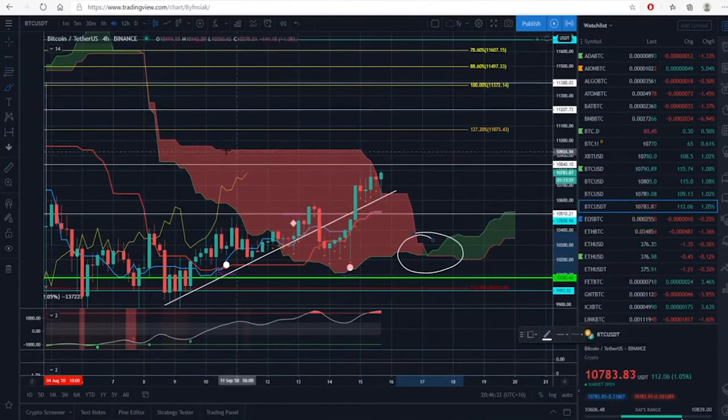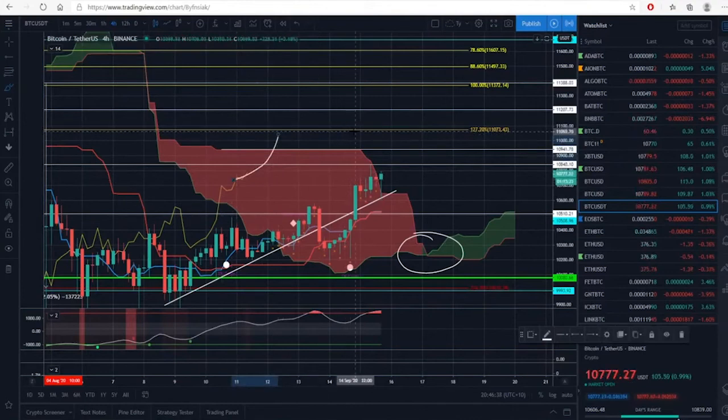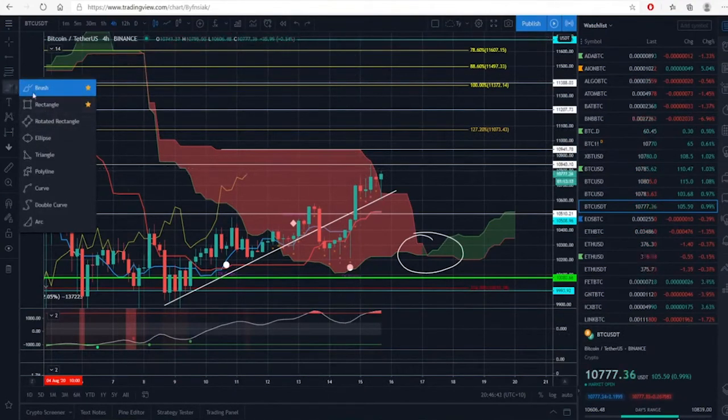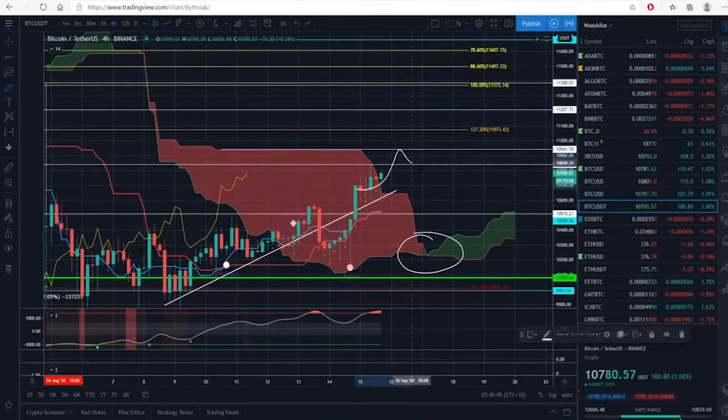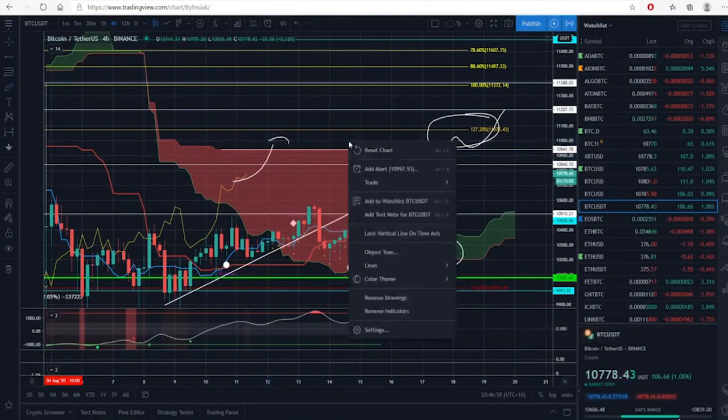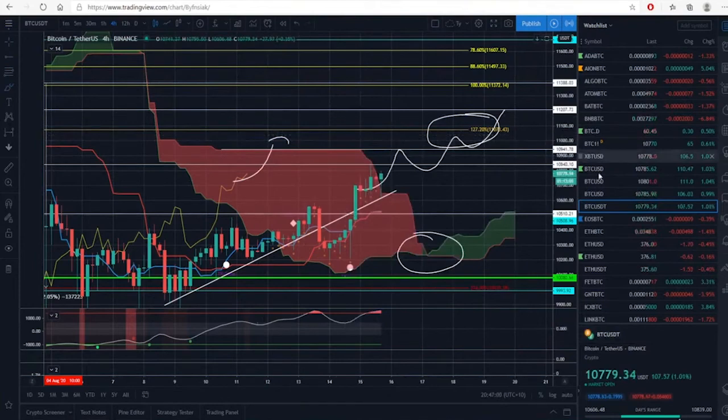But the real test will be if we can break this level here and if our Chikou can also break the top of that. So that's why I spoke about it tonight in our update, where you might see us go up, retest, come back down, retest, come back down again. And then if we do head back up towards this area, what I really want to see is our Chikou breaking outside of the cloud to confirm overall bullish action on this particular trade. I'll clear that up later.